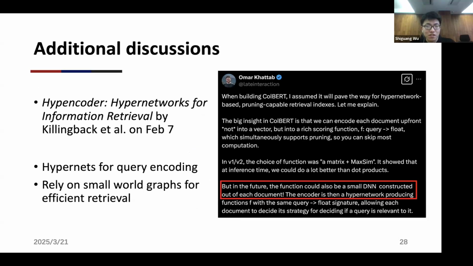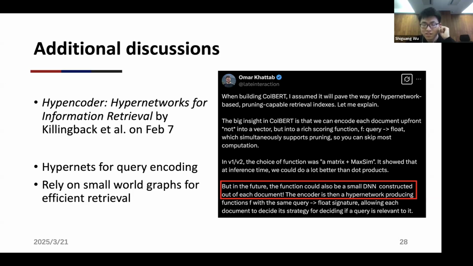So here's an additional discussion that is not present in last year. On the right-hand side is a figure from a comment from Omar on Twitter. It was posted this year in January, and he's the first author of ColBERT. So he thinks that what ColBERT is doing is actually hypernetwork indexing.